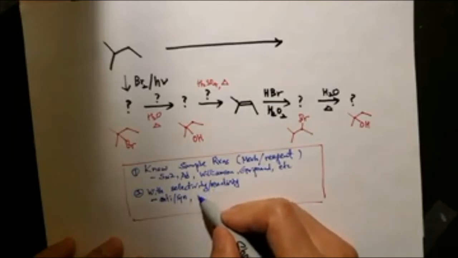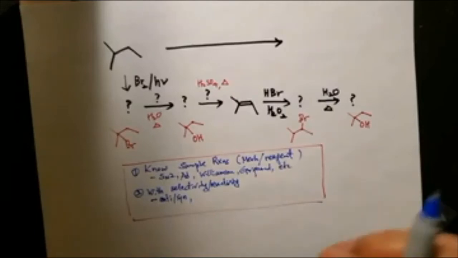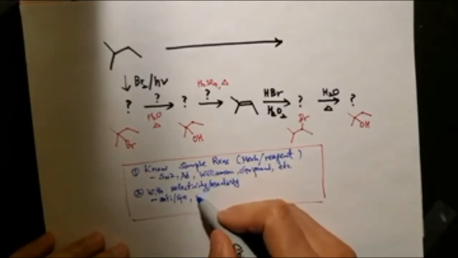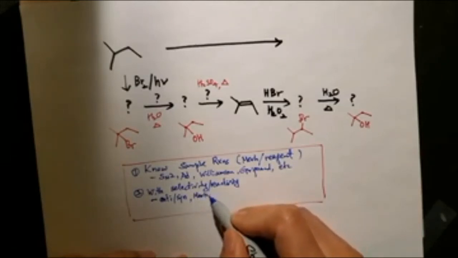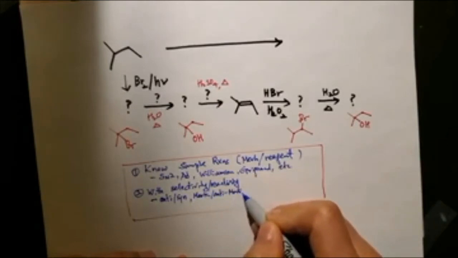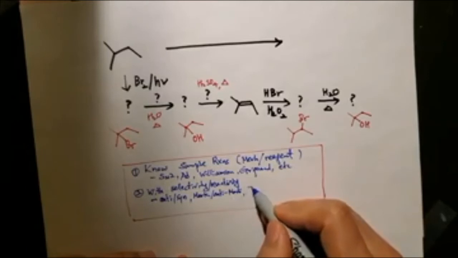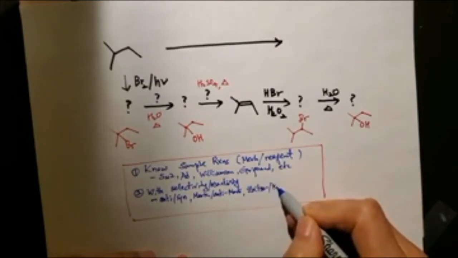Anti and syn are the stereochemistry in space, but from the connectivity perspective, addition can also be divided into Markovnikov or anti-Markovnikov. Or when you do elimination, whether the reaction will be Zaitsev or Hofmann.